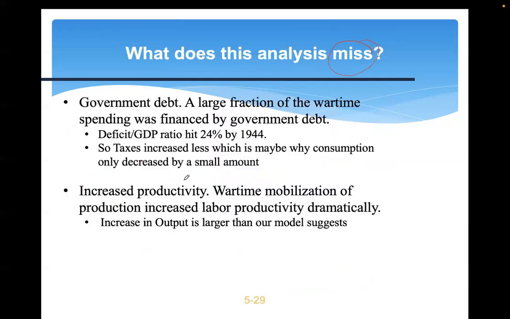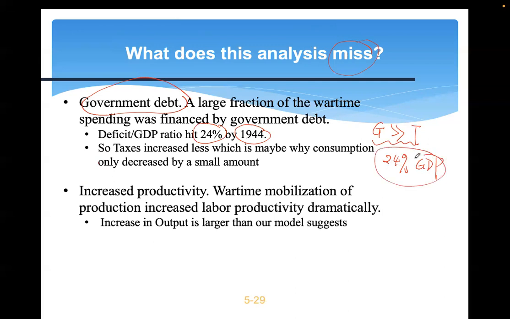What's missing is that in reality the government borrows, which we call government debt. In 1944, the government deficit to GDP ratio hit 24%, in other words, their G way exceeded their tax revenue, and the exceeding amount is 24% of total GDP. How are they going to finance this?